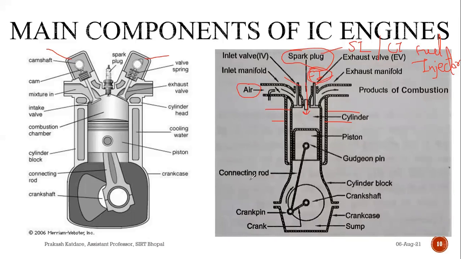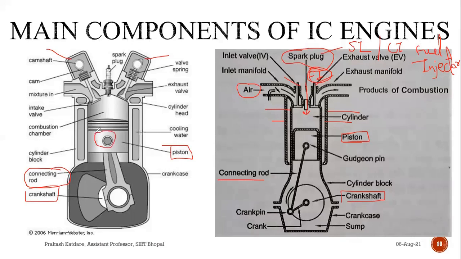Then comes connecting rod. It is interconnecting our piston and crankshaft. Here you can see, this is our crankshaft, this is the piston, and this rod is known as our connecting rod. The two ends which are connected to piston and crankshaft are known as small end and big end.